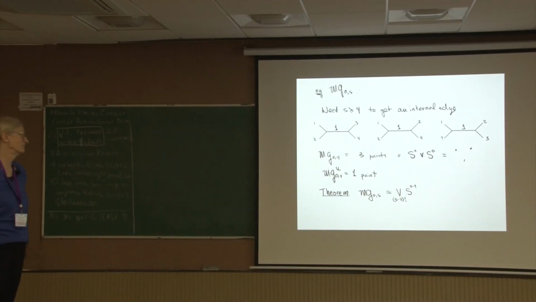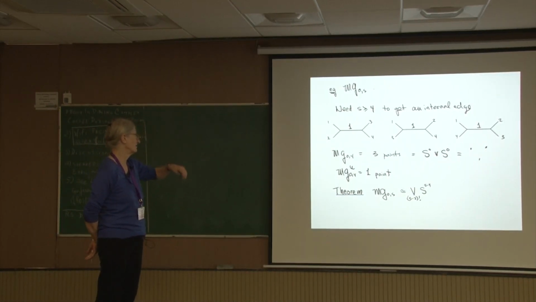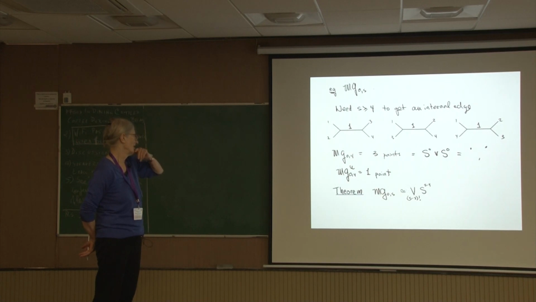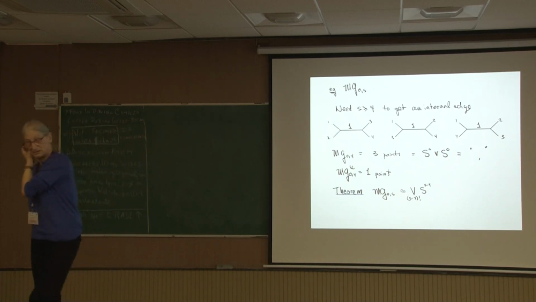So if you look at the top homology of this space, it's S minus 2 factorial dimensional, and it's a regular representation of the symmetric group on S minus 2 letters.